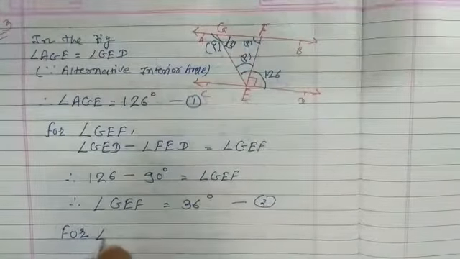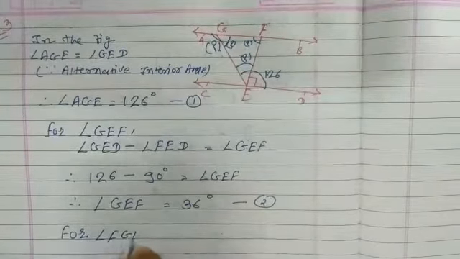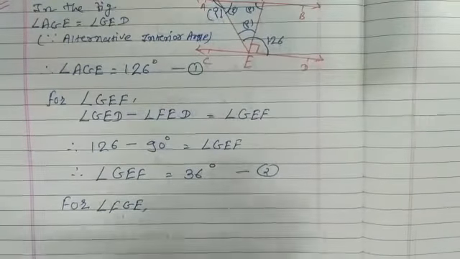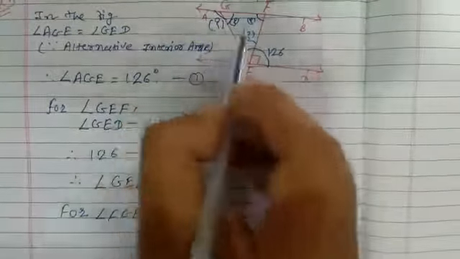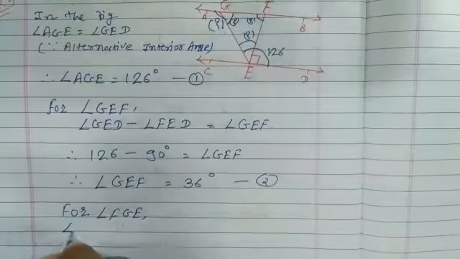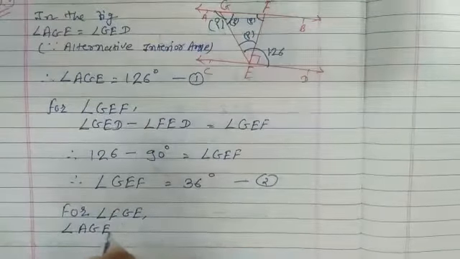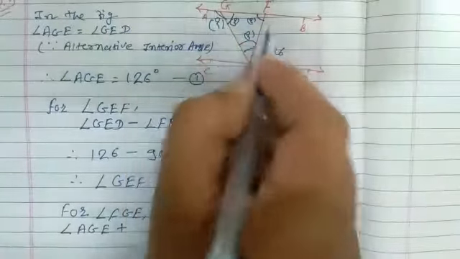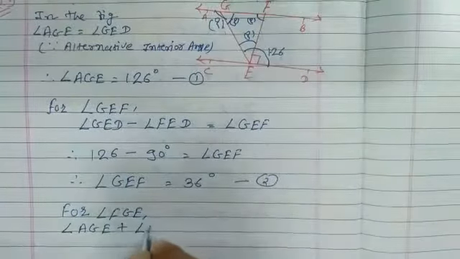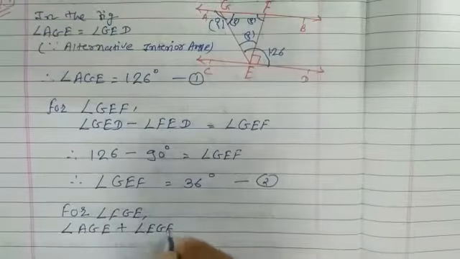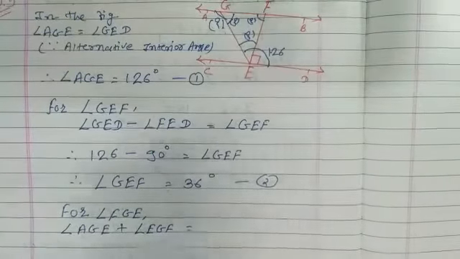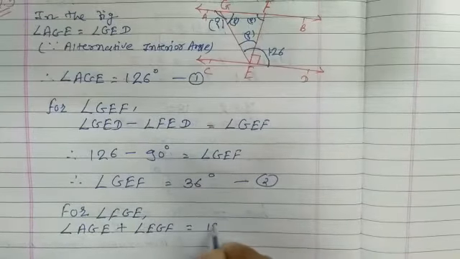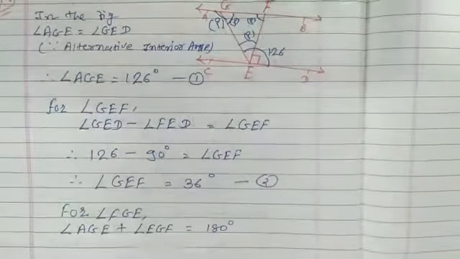For angle FGE, here angle AGE plus angle EGF is equal to 180 degrees.